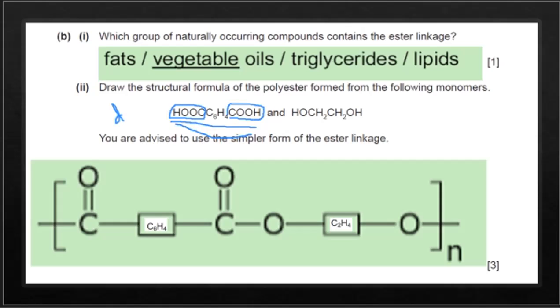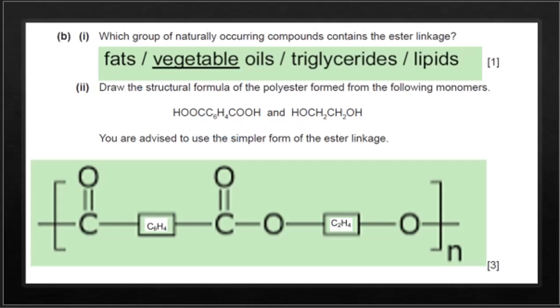So we have a diacid on one side. And on the next side, we have an OH on this side and an OH on that side over there. So we have a diacid and a diol.